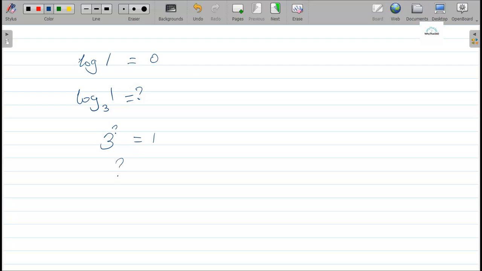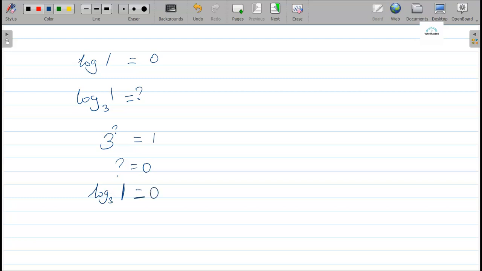The answer needs to be 0. So log 1 to the base 3 is equal to 0.